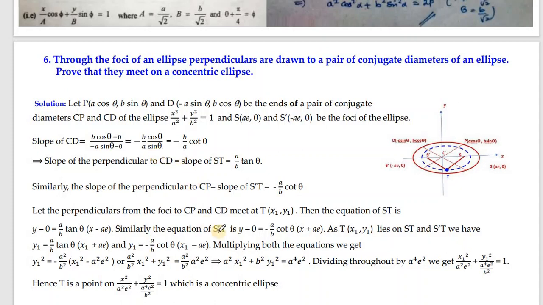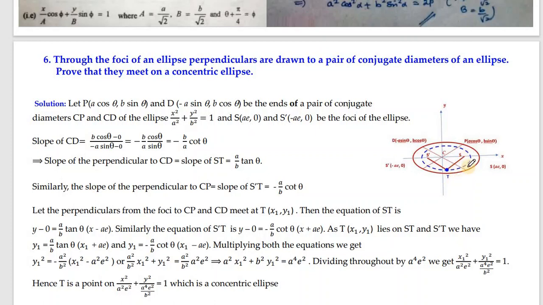So the first one. Similarly, the slope of CP can be obtained, and that is given by minus A by B cot theta. The first one is A by B tan theta. Now let the perpendiculars from the focus C, that is P. Okay, we should take S itself. Y minus 0.